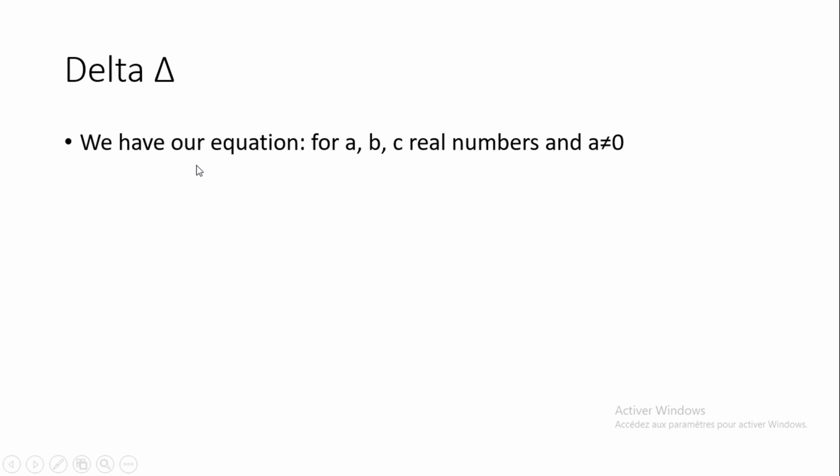So now let's learn about the delta. Delta is the name of the triangle in Greek, and to calculate it, as we said, we have our second degree equation where a, b, and c are real numbers and a is different from 0.